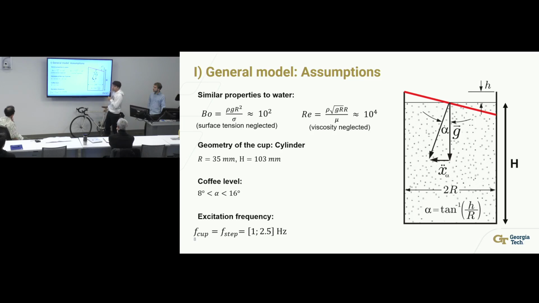As I said, we assume the cup is a cylinder, and the coffee spill angle alpha is a parameter that can be related to the level of coffee. They assume in the study this angle is between 8 and 16 degrees. And to finish, they assume that the excitation that the cup receives is the same as the frequency of human walking steps, which is between 1 and 2.5 Hertz.